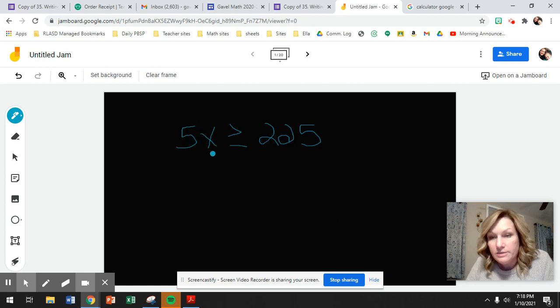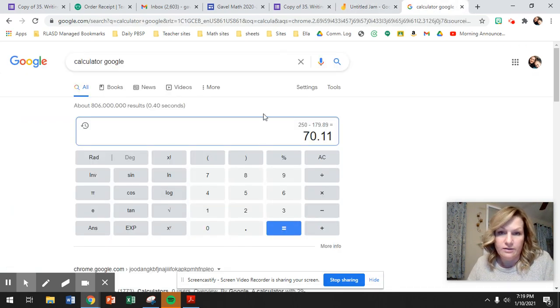Right now we're multiplying. The opposite of multiplication is division, so we're going to divide both sides by 5. That gets rid of that. Means X is greater than or equal to 225 divided by 5, so 45.